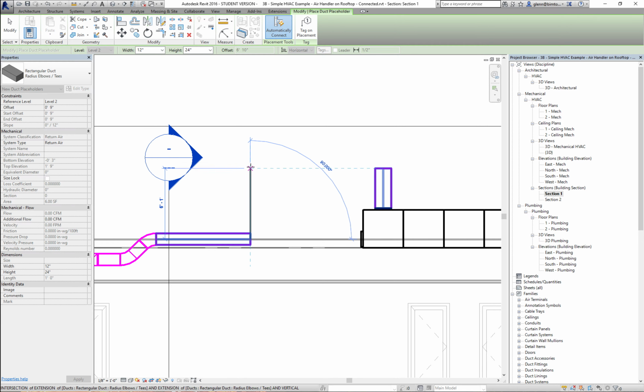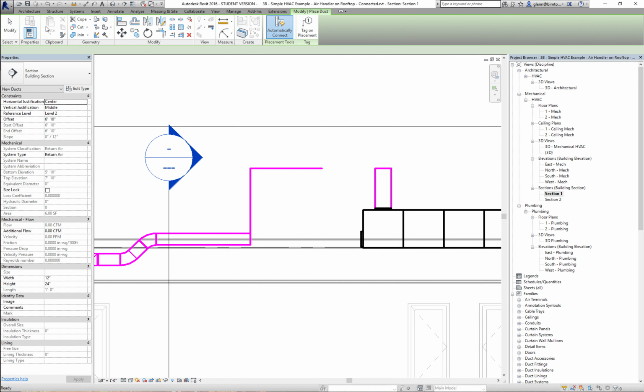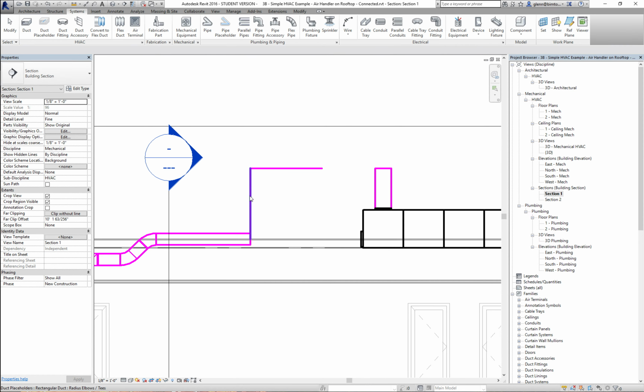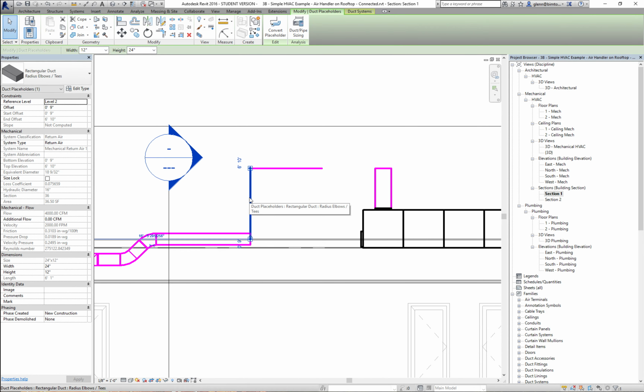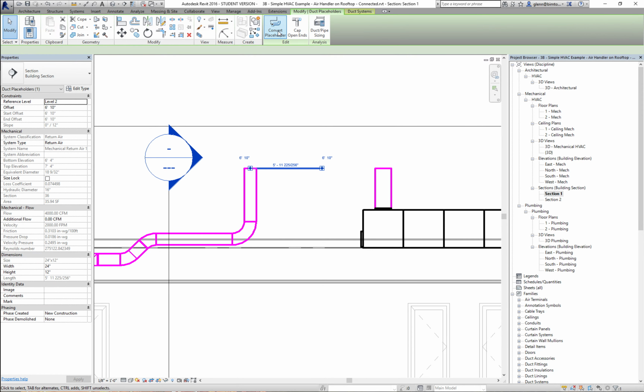Looks like it's actually just putting a little placeholder in there, but we'll see in a second. It's interesting. What I've done is I've actually placed a duct placeholder. When I said systems, I must have chosen that instead. There's duct as opposed to duct placeholder. Duct placeholders are just the lines that are going to eventually be connected to that. If you want to convert a placeholder, you just choose it.